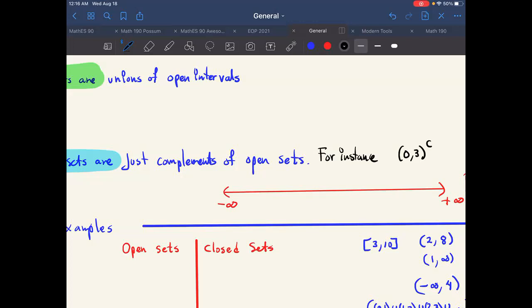So let's go ahead and take a look. Where is (0, 3)? That's the stuff inside, right? Excluding 0, excluding 3.